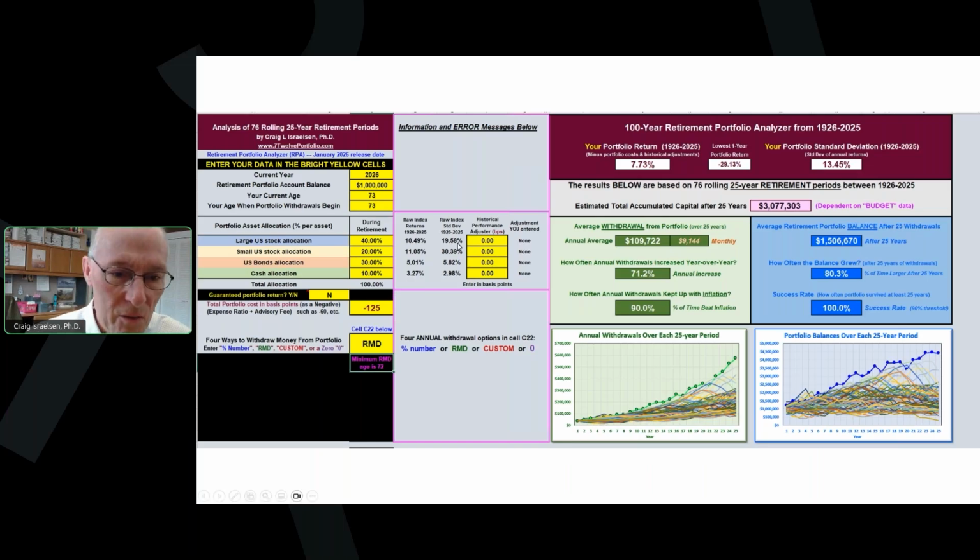So the volatility is roughly twice the size of the return, the average annualized return, which by contrast, small stock has had a higher average return over the last 100 years, 11.05%, but has had a standard deviation of 30.39. Whoa, so that's almost a 3-to-1 relationship between volatility and return.